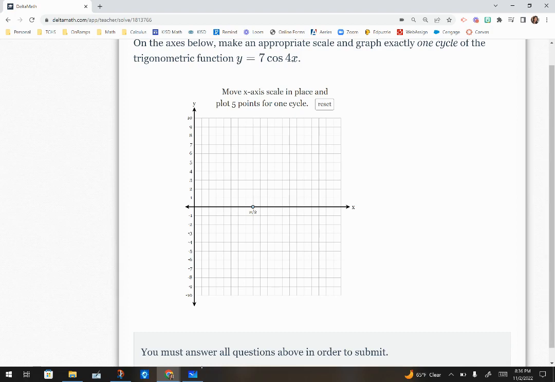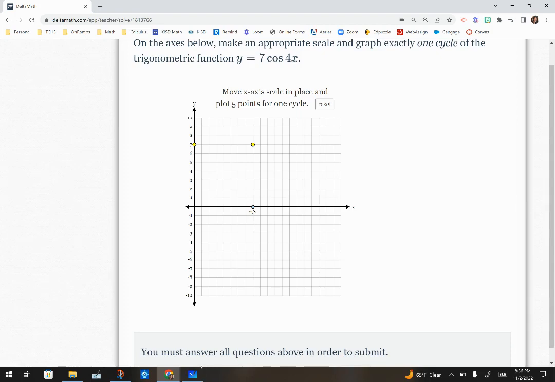So I'm going to go to my midline, which is right here at 0, 0, and I am going to go up 7, and I'm going to put my first point. And because it's cosine, I know it has to end at the same height at the period length. Notice I'm not going to put it over here or something like that because it doesn't exist. My point has to end right where I said my period is going to end. Okay, so the first two dots go at the beginning and end of your period at the positive amp value.